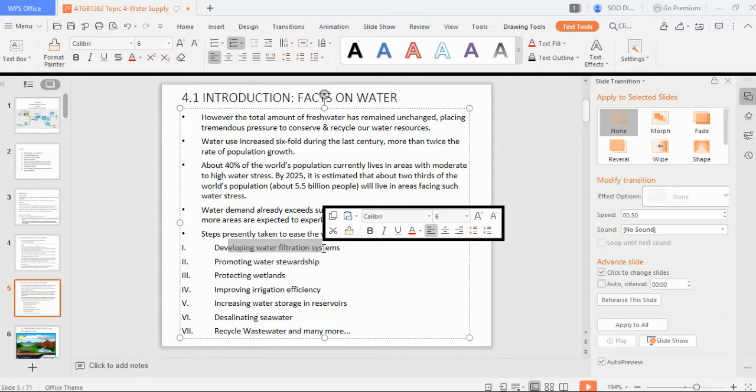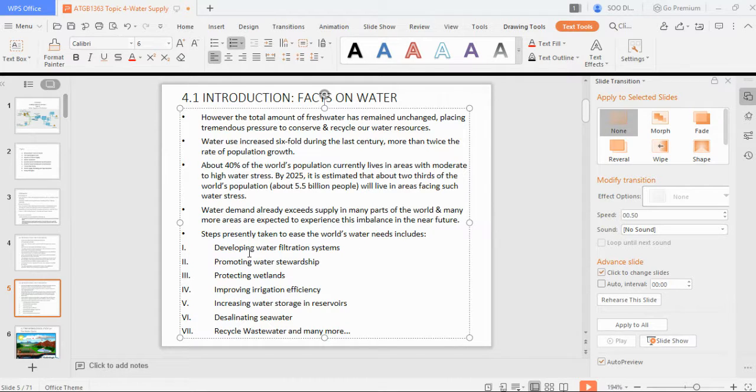We often ignore how easy it is for us to use all these services. So one of the things we need to know on how to ease the world's water needs is through the development of better and efficient water filtration systems.